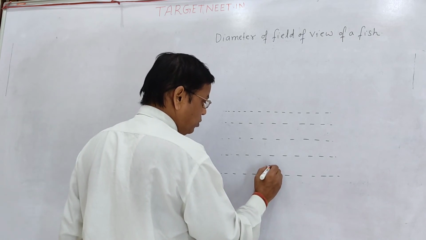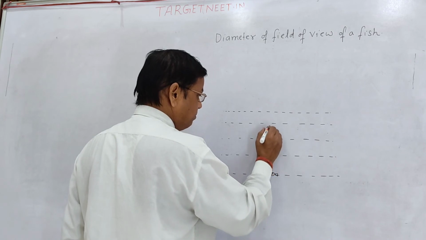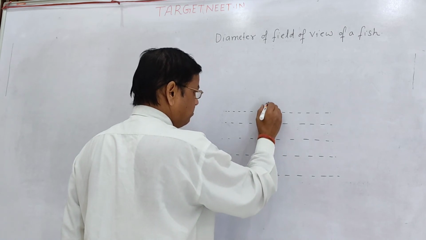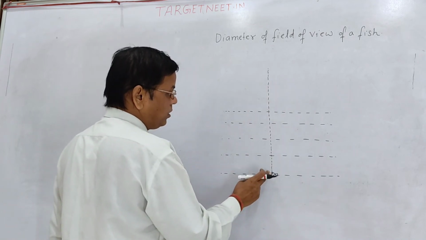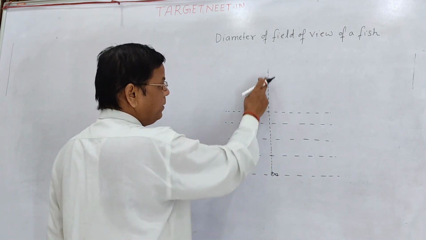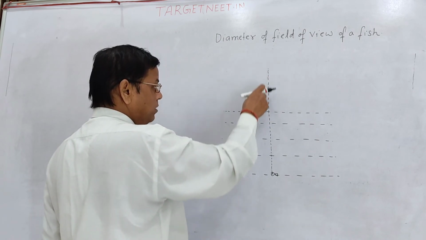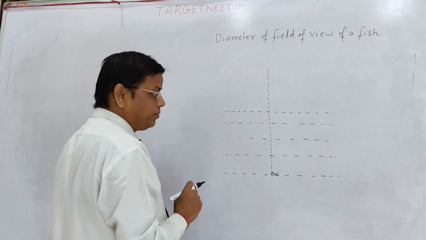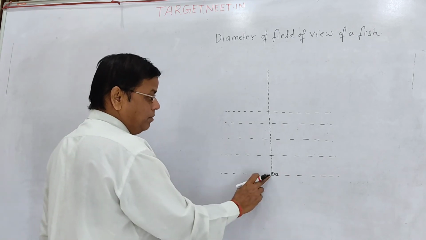So if I draw a normal here, if the fish tries to see along this line, things present here will be visible to this fish. Or imagine it is a bulb.